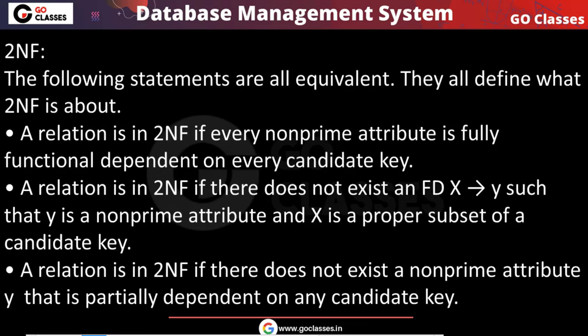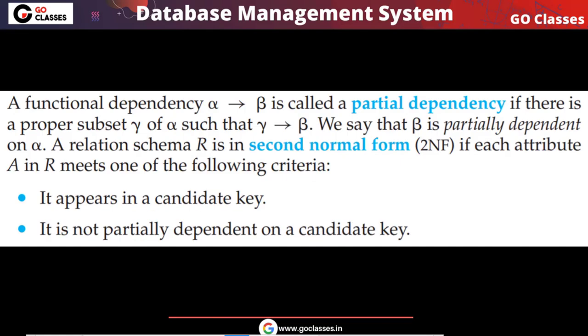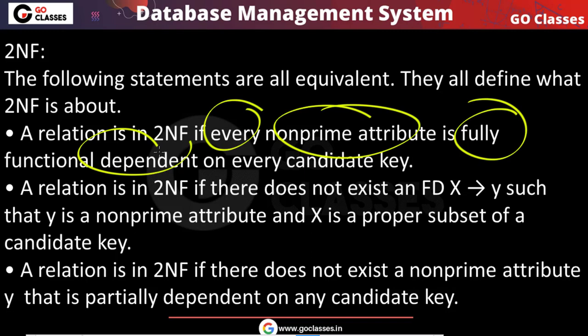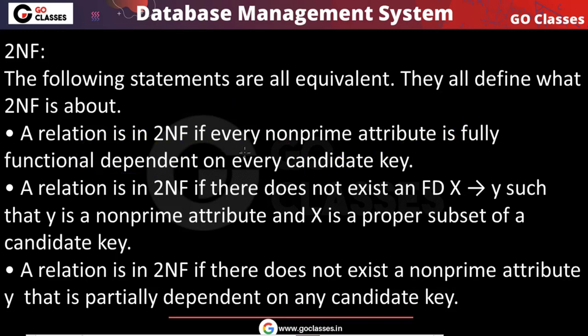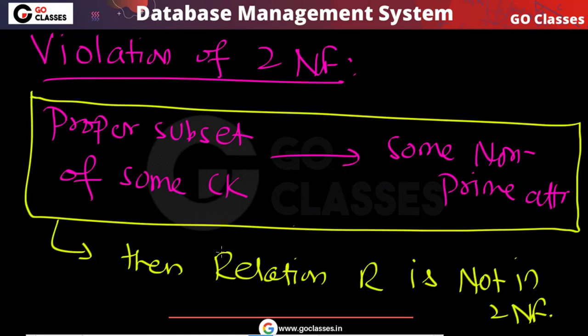The definition says a relation is in 2NF if every non-prime attribute is fully dependent on every candidate key. So this is very important. Similarly, a relation is in 2NF if a proper subset of some candidate key cannot determine a non-prime attribute.